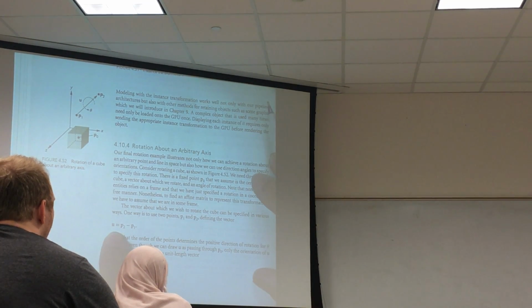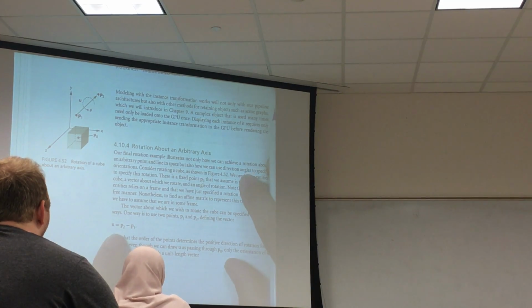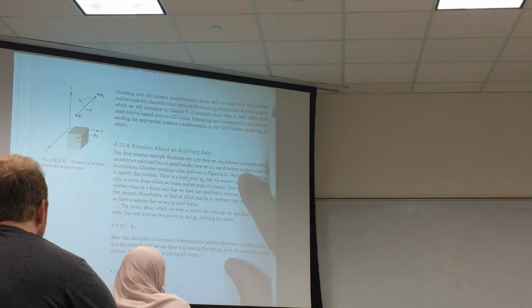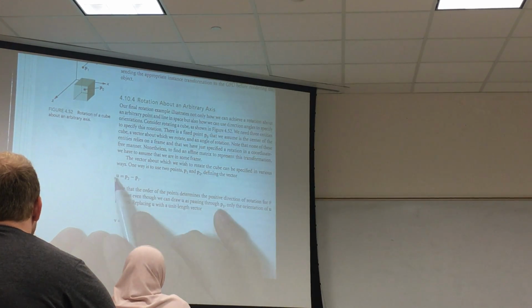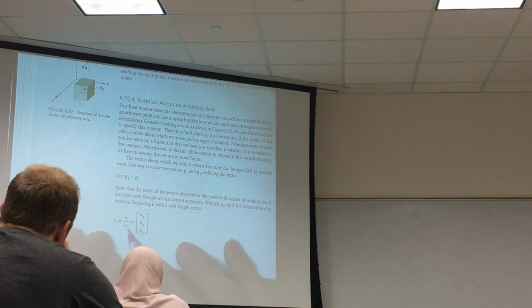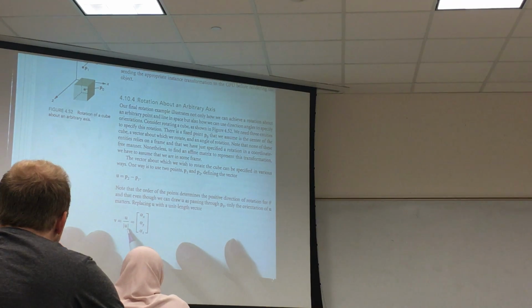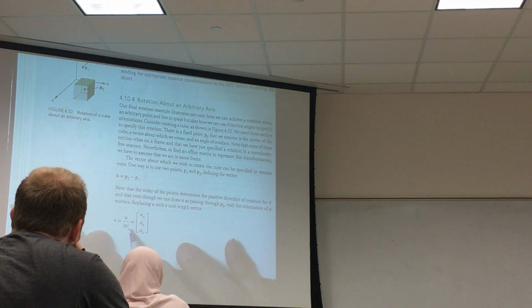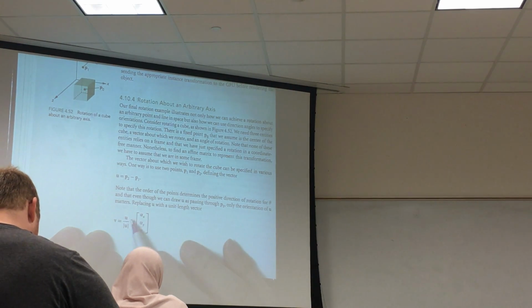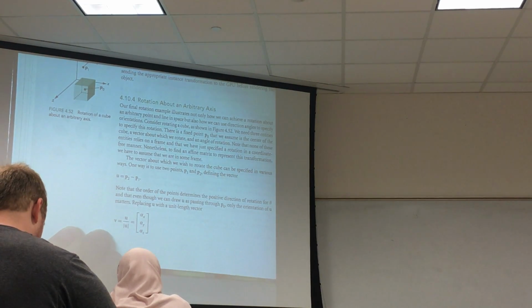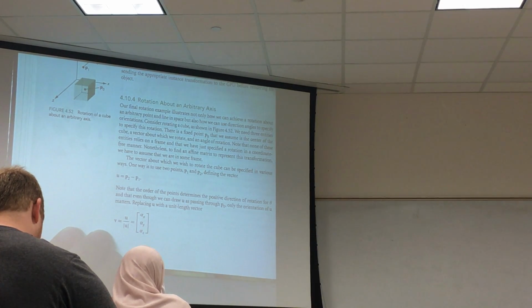So here we define a vector U from P2 and P1. And then what he just did was, once you have the U, you divide by its modulus or magnitude, and then you get the unit vector components. It happens that the components of this unit vector are the same as the direction cosines.